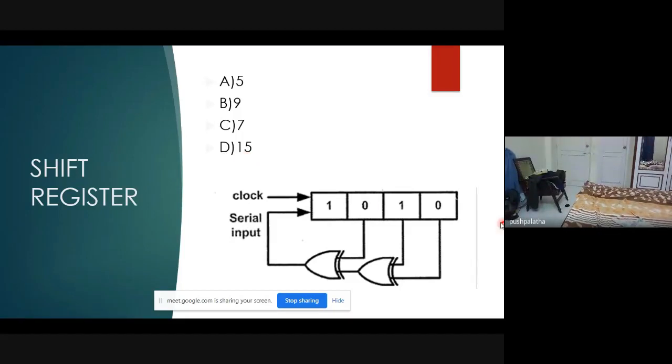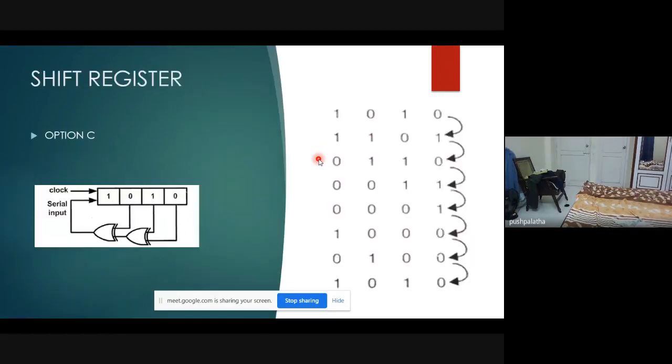See, 1010. First I am taking 1010. Look at the circuit here. If I give two different inputs, obviously the output is 1. So here the output is 1, and I am giving again different inputs, which is equal to 1. That is what we are feeding here.